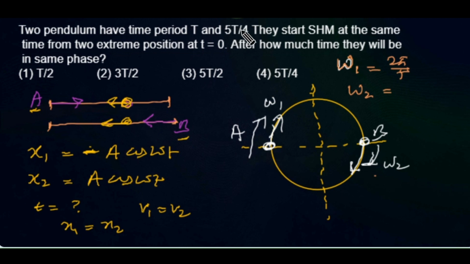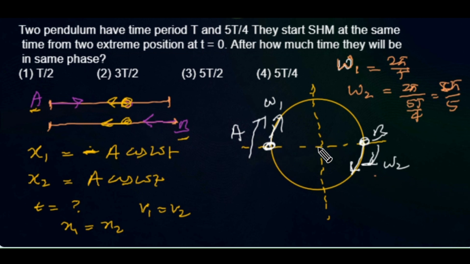It should be 2π divided by 5T/4, which is 8π/5T, right? So we can say the second one is moving with a slower speed. A is faster than B, so definitely they are going to meet each other.